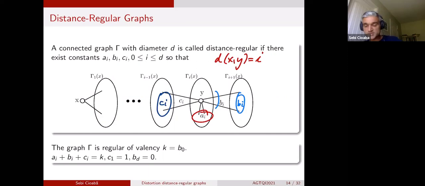As a consequence of the definition, this graph is regular of valency k equals b_0. Also a_i plus b_i plus c_i is k, because every vertex has k neighbors. c_1 is 1, and b_d is 0, because if you're at distance d, there's nowhere to go, since the diameter is d.